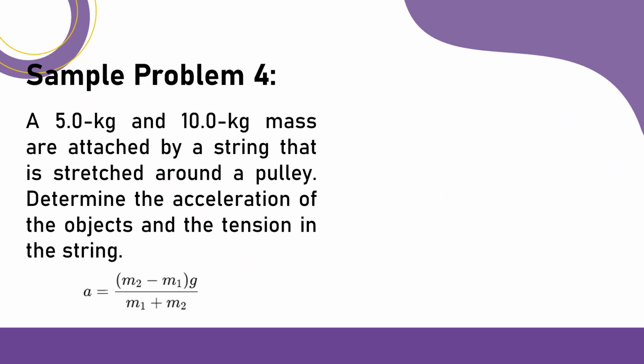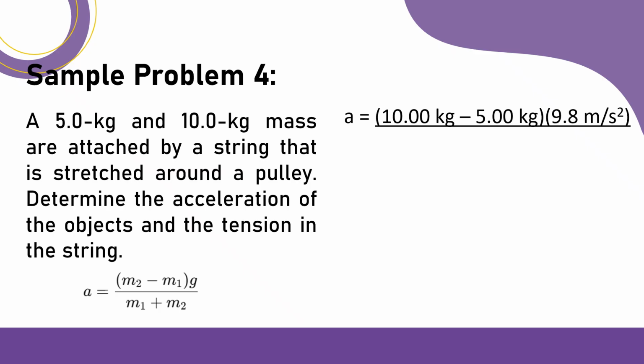Now the last problem. A 5 kilogram and a 10 kilogram mass are attached by a string that is stretched around a pulley. Determine the acceleration of the objects and the tension in the string. We're going to simply substitute our values. Acceleration is equal to 10 kilograms minus 5 kilograms multiplied by 9.8 meters per second squared, divided by 5 kilograms plus 10 kilograms.